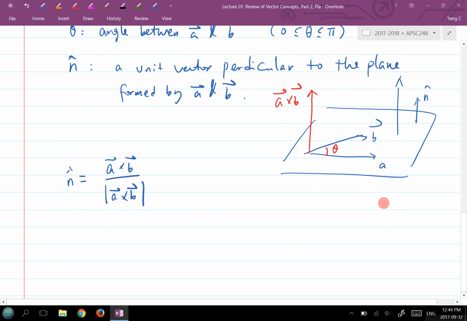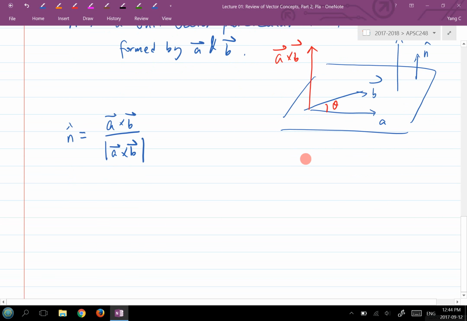So, for example, in EMAC, you learn if there's a current going through a wire, then it'll generate a magnetic field. So that's a right-hand rule, right? You point your finger in the direction of the current, then curve the finger, and that will be the direction of the magnetic field. And many other things.